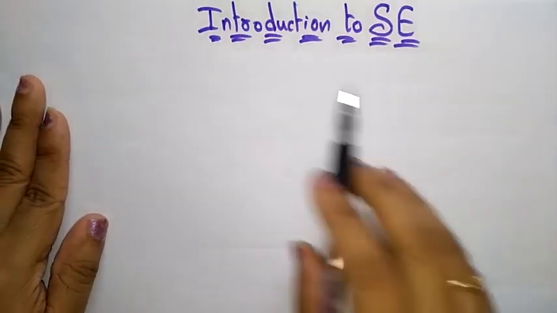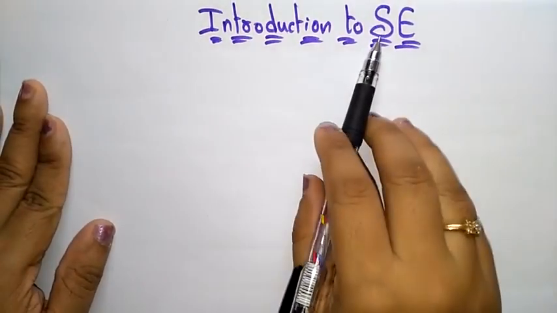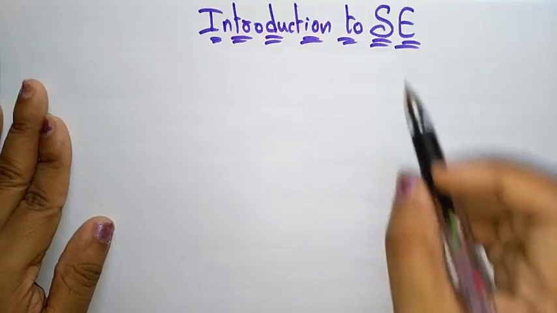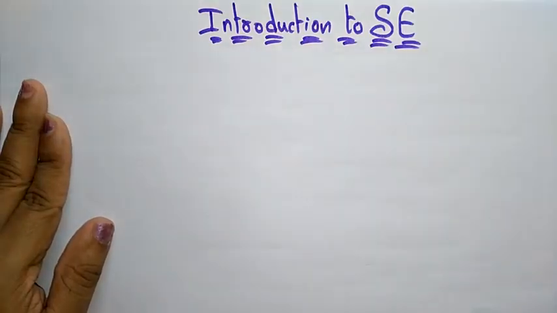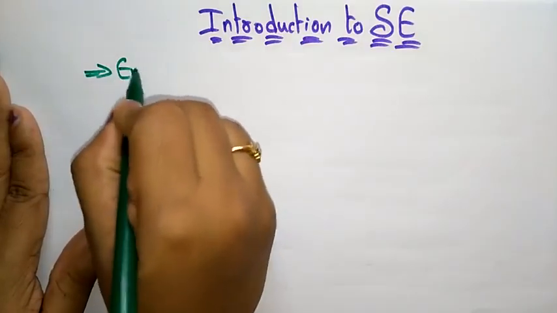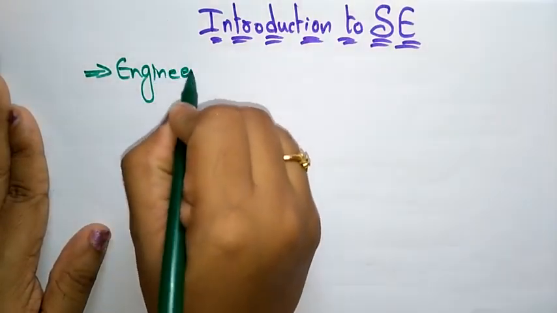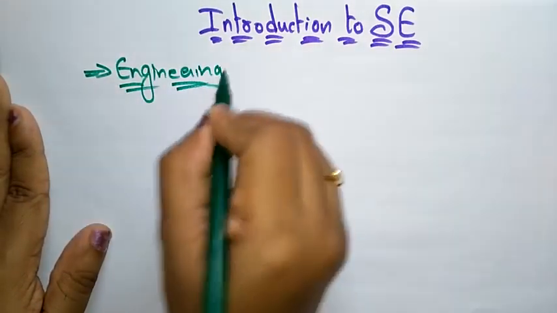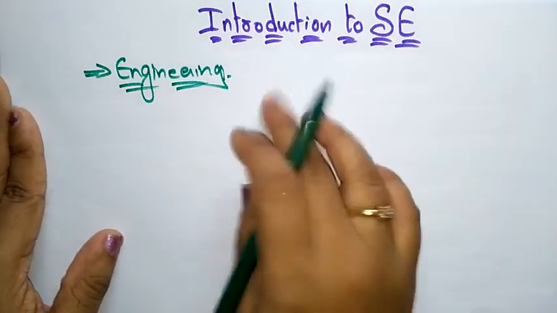Now let us see what is software engineering. Before that, let us see what is engineering. What is the definition of engineering? In the word software engineering, you came across engineering.